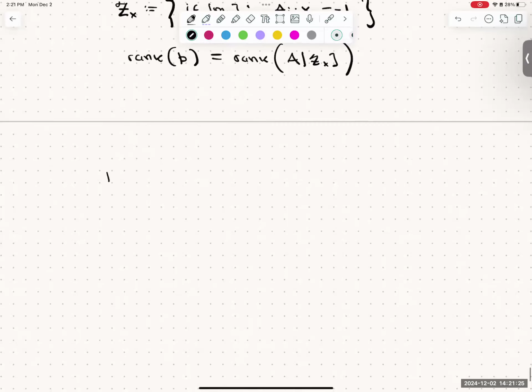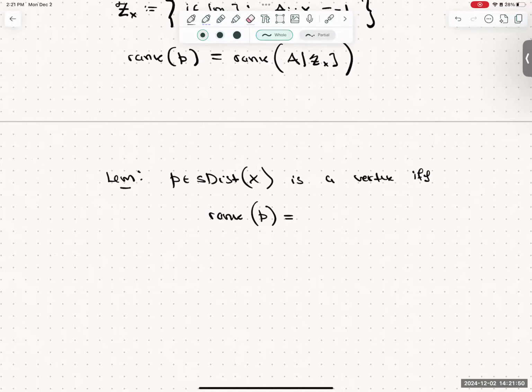And then from last time, we have that p in the set of simplicial distributions of X is a vertex if and only if the rank of p equals the dimension, that is, X1,0.